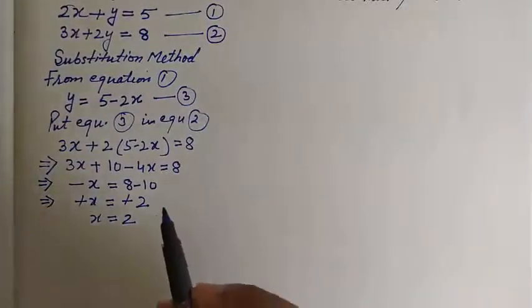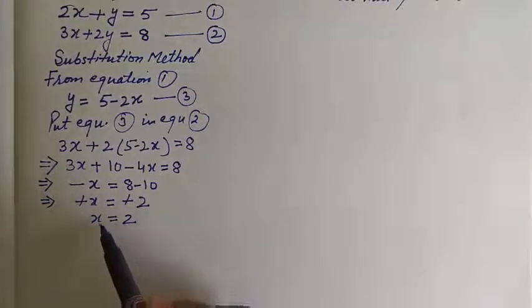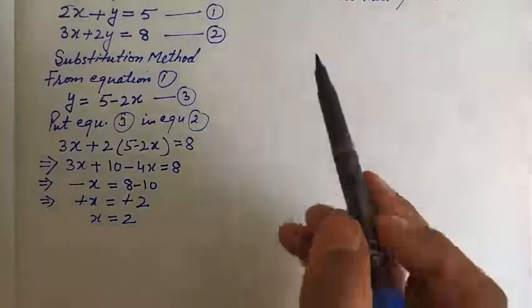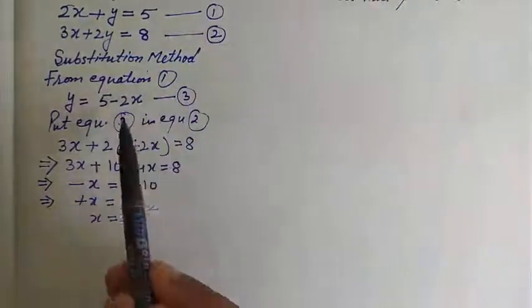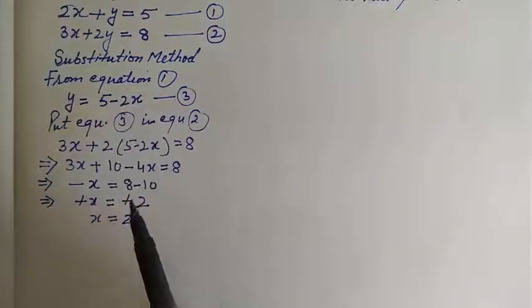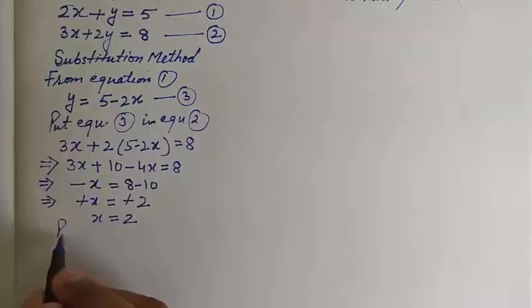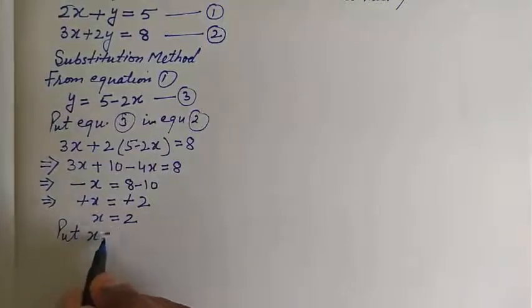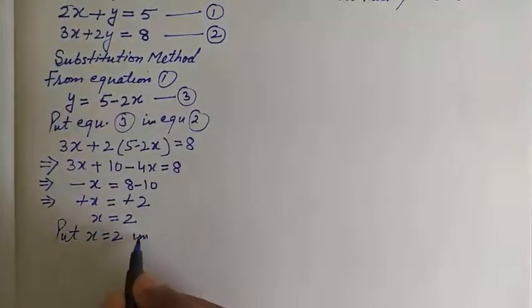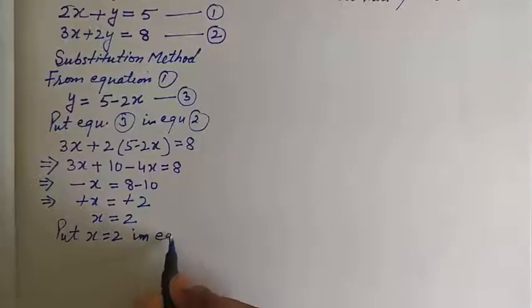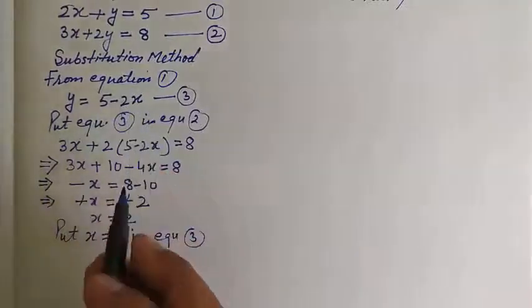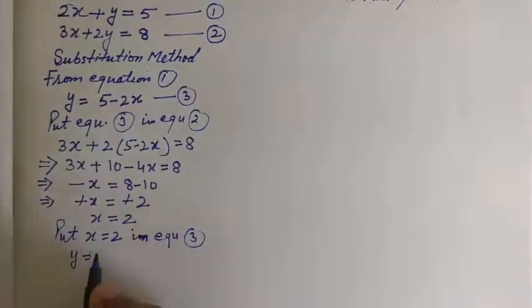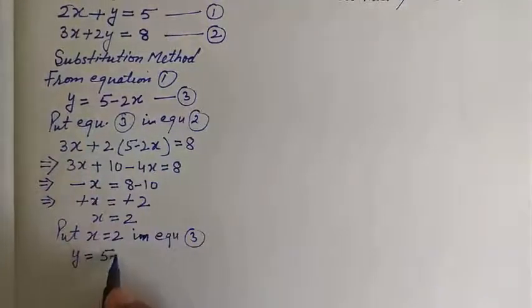Now what we do, we will fill the value of x as 2 in either of the equation number 1 or 2 or 3, anywhere you can fill. So let's fill in equation number 3 the value of x as 2. So we'll write here, put x is equal to 2 in equation 3. So here we will fill the value of x as 2. So y is equal to 5 minus 2 into x, in place of x it is 2.